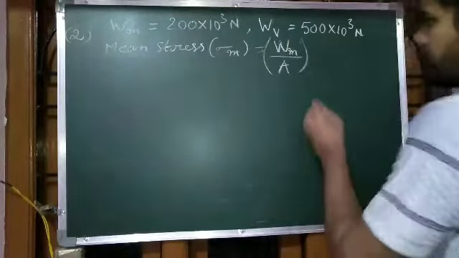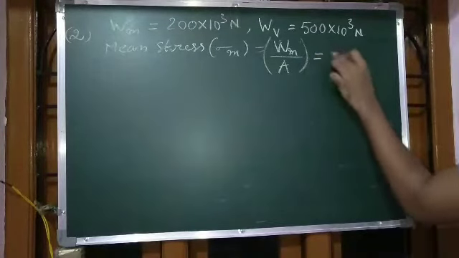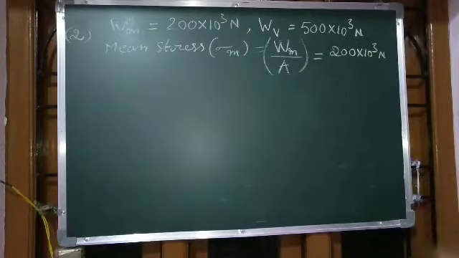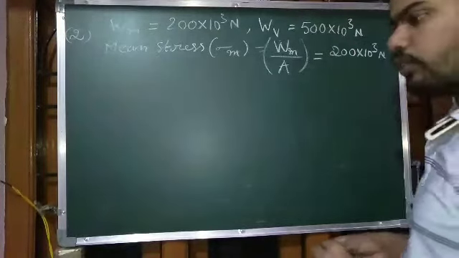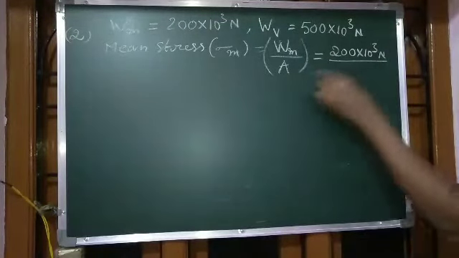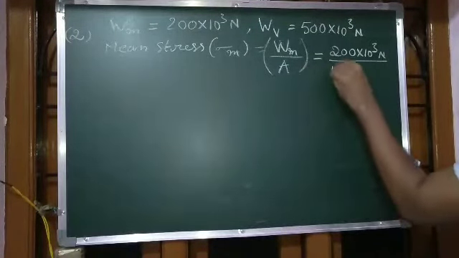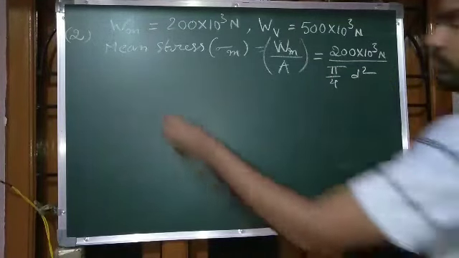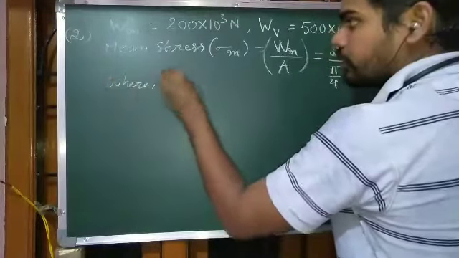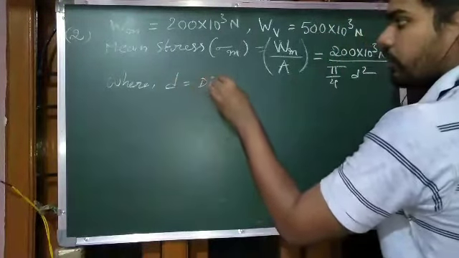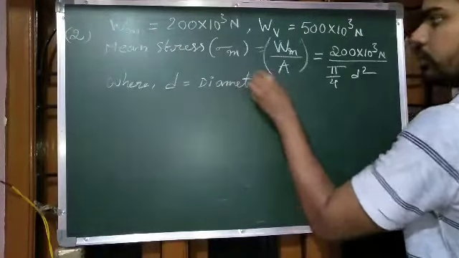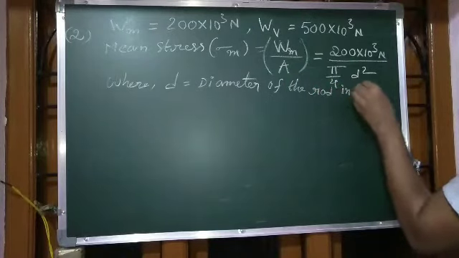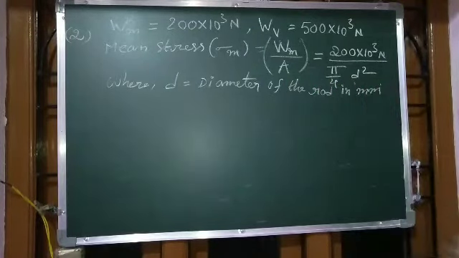So Wm is equal to 200 into 10 cube Newton, because 1 kilonewton is equal to 1000 Newton, divided by the area of the rod, pi by 4 into d square, where small d is the diameter of the rod in mm.